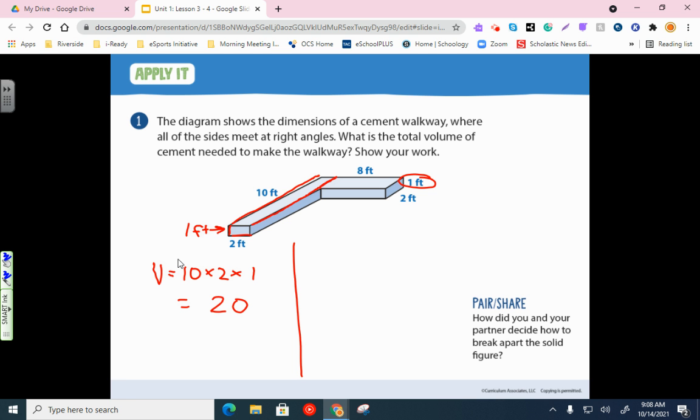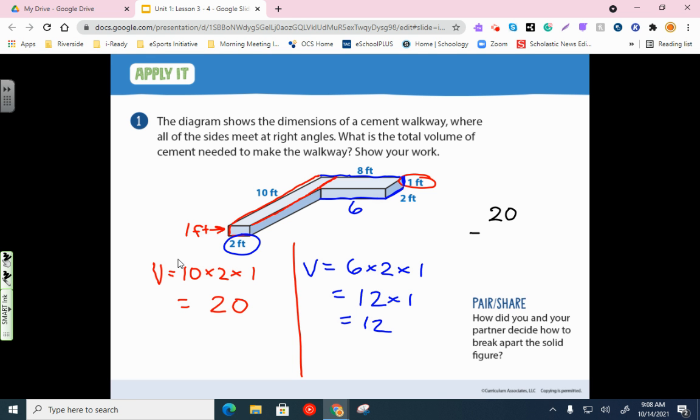On this side, I've got the 1 foot, I've got the 2 foot, and I've got this large size right here. Now this is already 2 feet. If the whole thing is 8 feet wide, we take the difference between 8 and 2, which gives me a 6. This is 6 times 2 times 1. And this will give me 12 times 1 and give me 12.